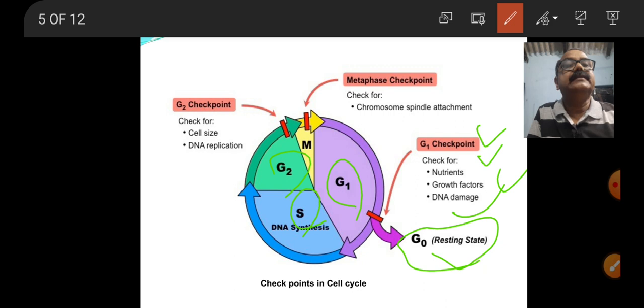Then the second checkpoint is the G2 checkpoint. This checkpoint checks cell size and DNA replication. That means it checks the proper growth of the cell and proper replication of the DNA.